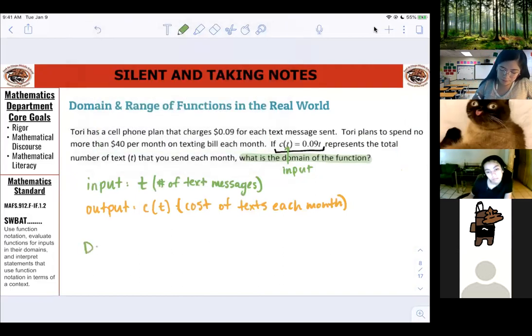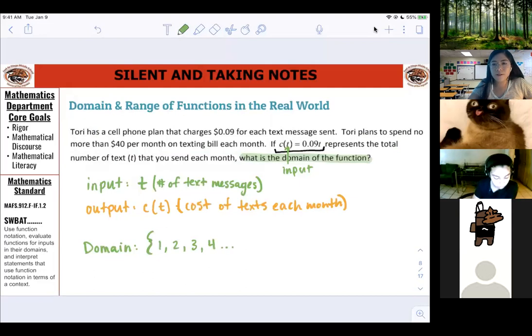So for this one, my domain, I'm going to list out all the numbers. I would write 1, 2, 3, 4, and so on. I can also explain what my final number will be, the greatest amount of text messages that she can send. We can figure that out because there's a clue in the problem.